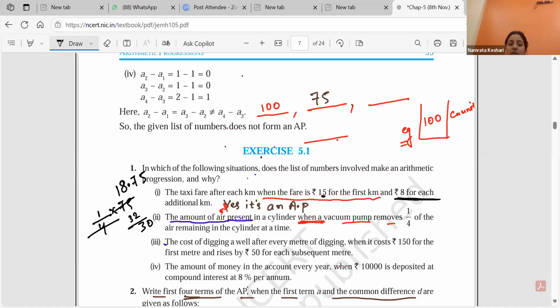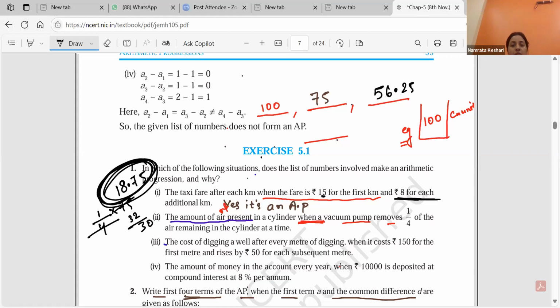We get 18.75. This much has been removed from 75, right? Yes, ma'am. Let me show you what will be the remaining: 75 minus 18.75 is 56.25. This is the remaining. Getting it?